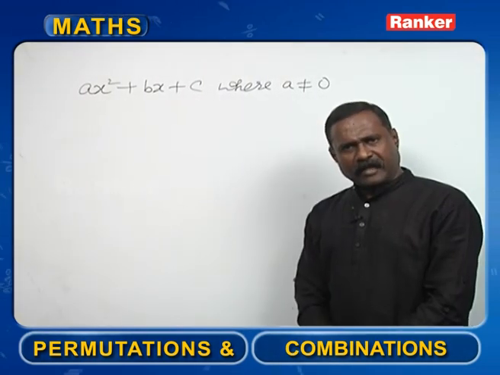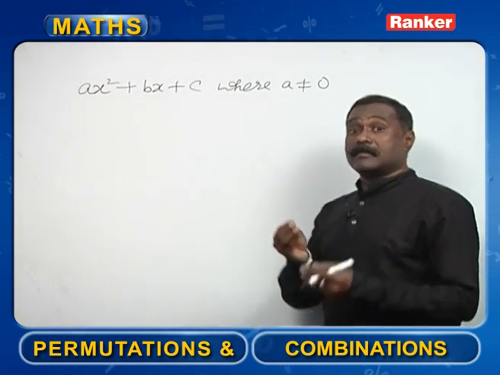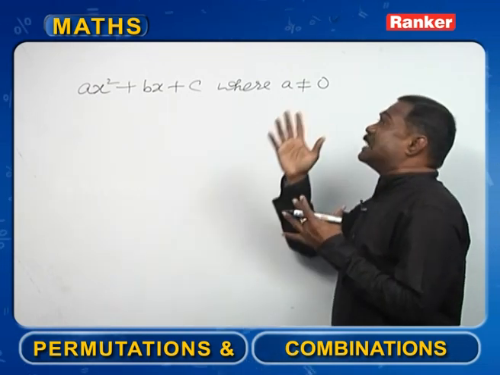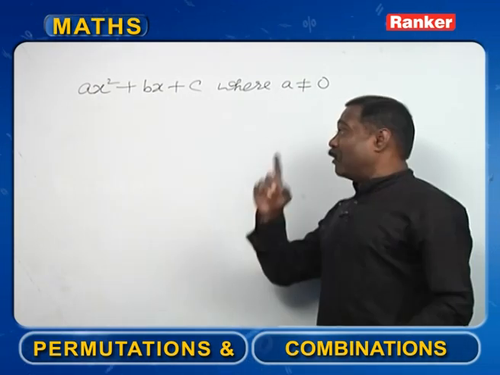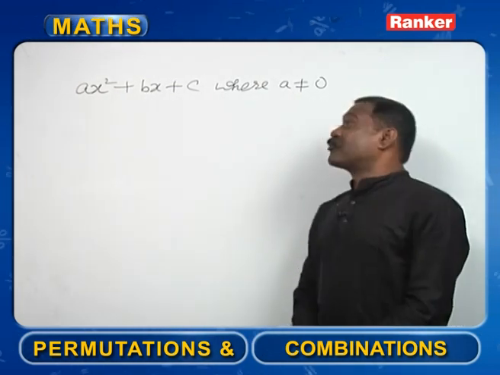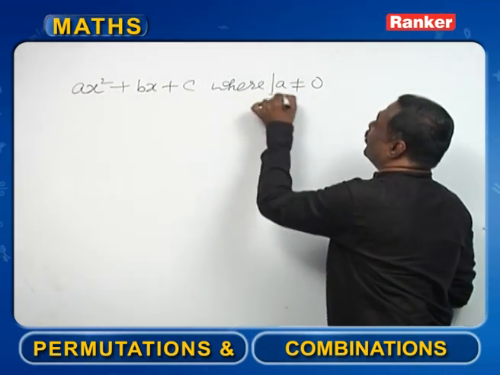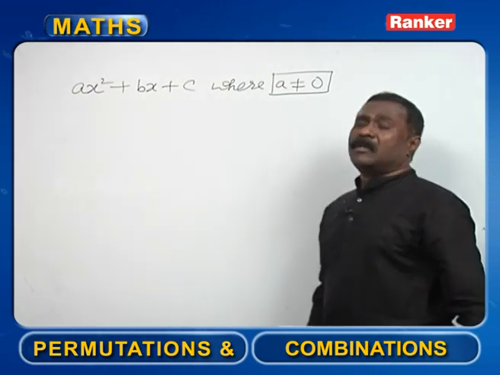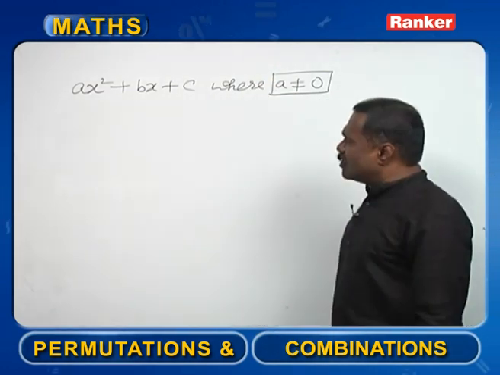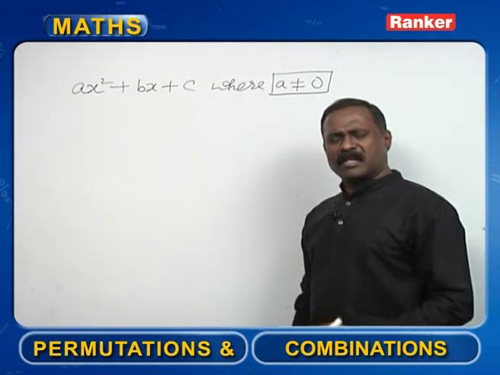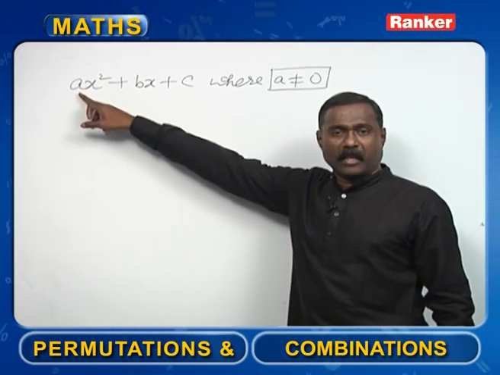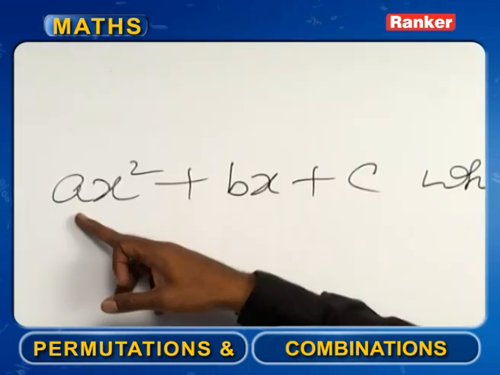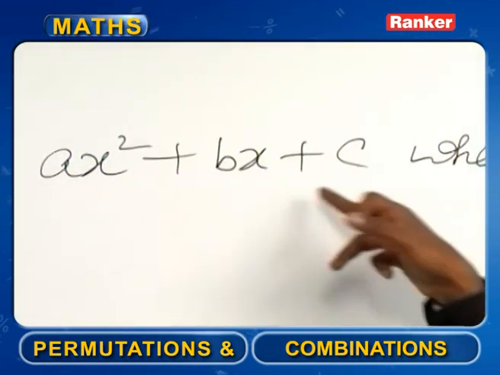It was in a previous question, I say. These are small things we generally neglect, but questions are formed based on such small things. So whenever the question asks for the standard form of the quadratic expression, the leading coefficient should not be 0. The standard form is ax square plus bx plus c.